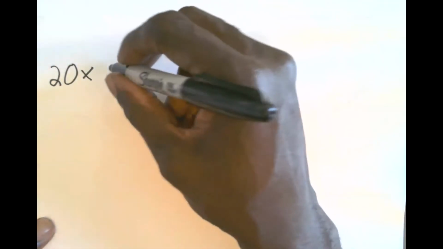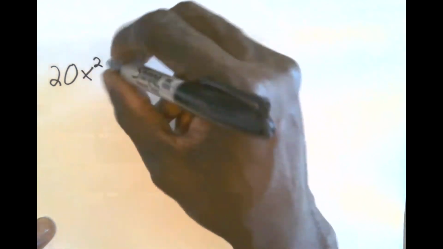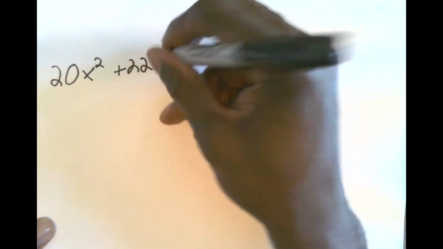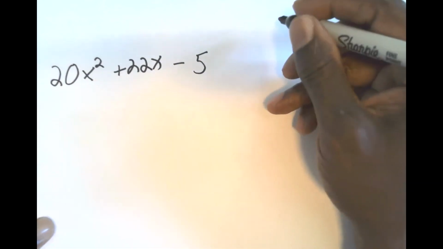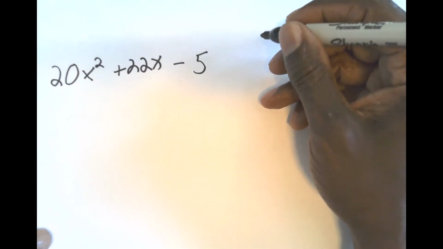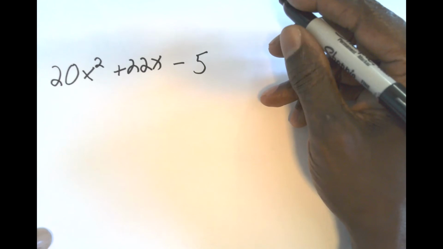All right, so let's try another example. Let me think of a good example to use. So let's say 20x squared plus 22x minus 5. All right, 20x squared plus 22x minus 5.